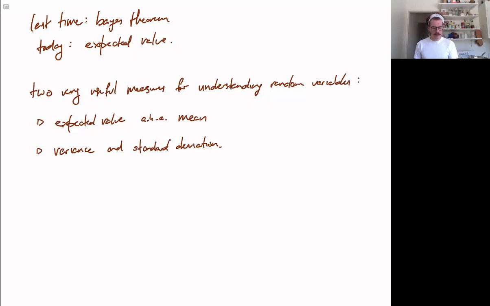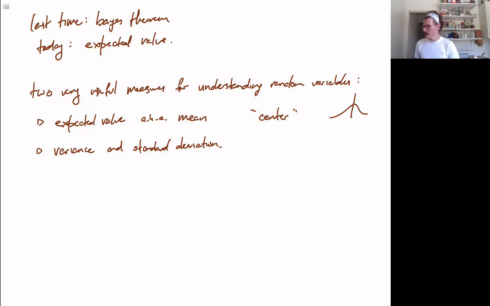And what these two things mean, we'll talk about a lot and you'll understand them in a lot more detail. But just to introduce it, the expected value is some kind of center of the distribution or random variable. So if you think about it in terms of these graphs that we were drawing, it would be essentially in the center of the distribution.